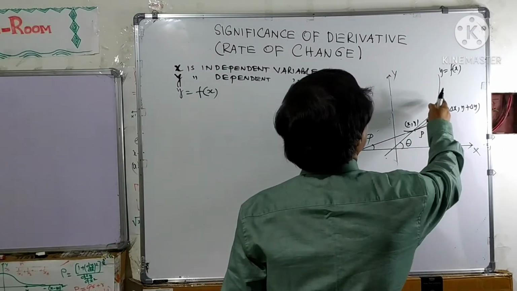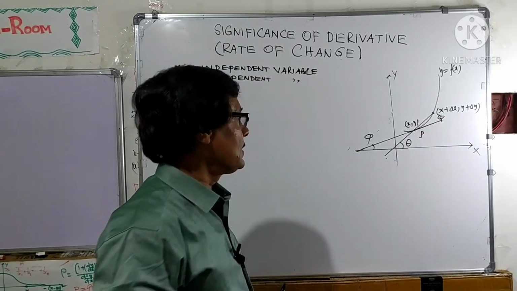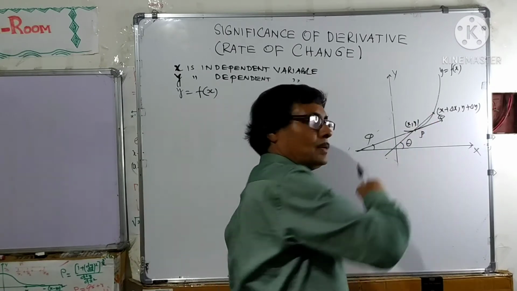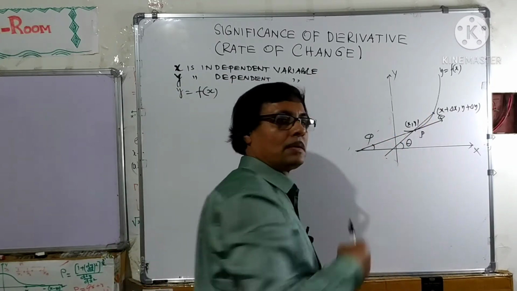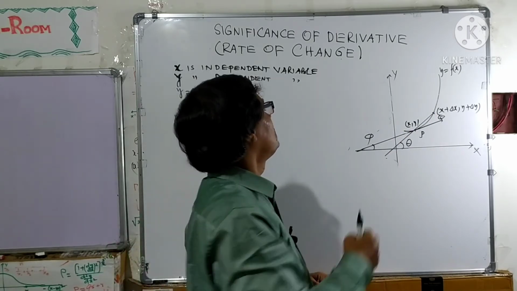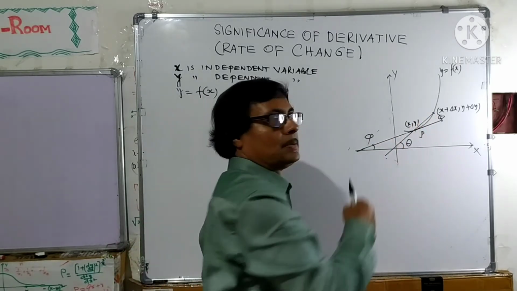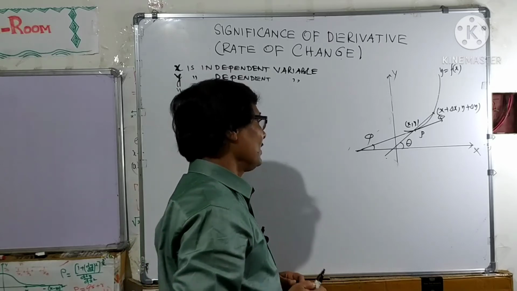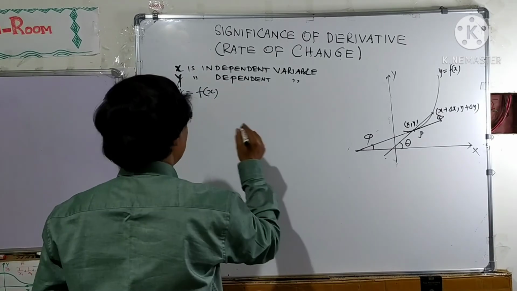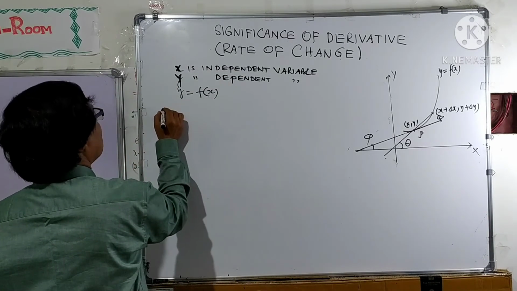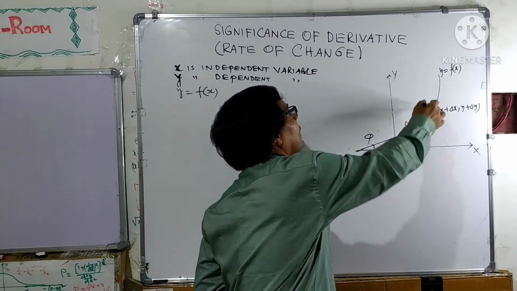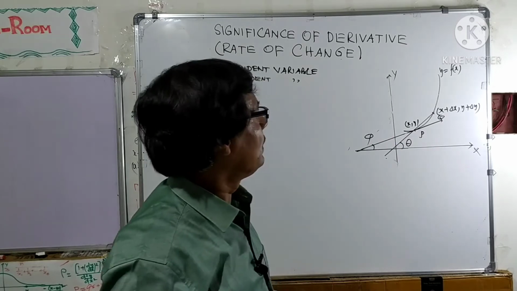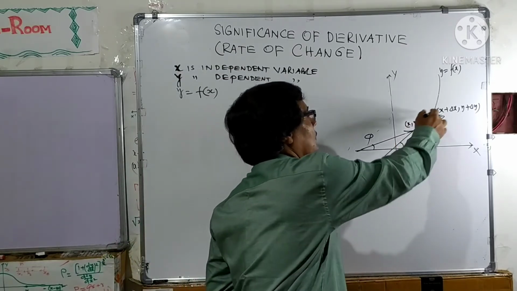Now we have also drawn the straight line connecting P and Q, and also drawn the tangent at the point P. From the graph we can calculate the gradient of the straight line PQ connecting the two neighboring points.